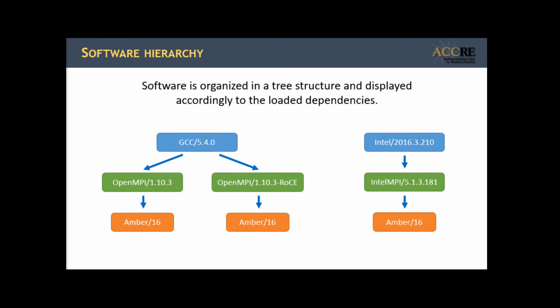So, for example, if you select the GCC compiler, you will be able to load either OpenMPI 1.10.3 or OpenMPI 1.10.3-Roki. So you can choose between those two, but you will not be able to select the Intel MPI.